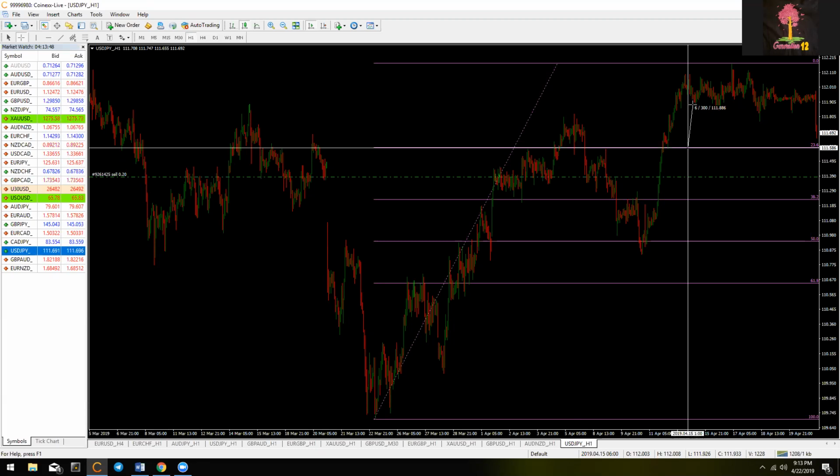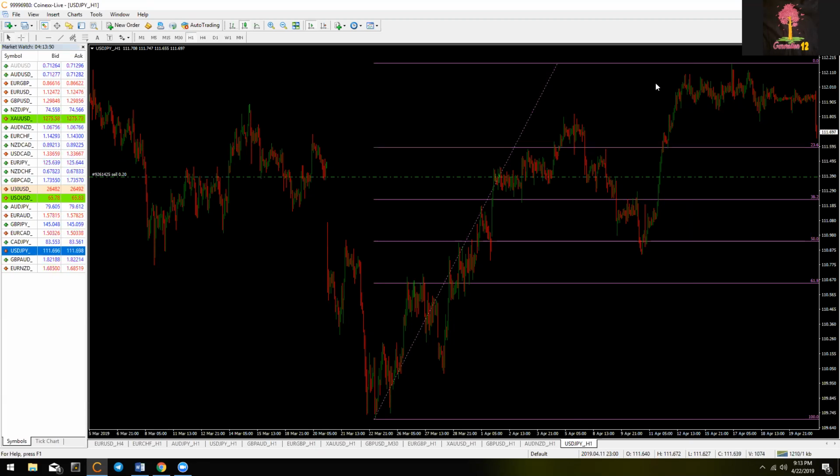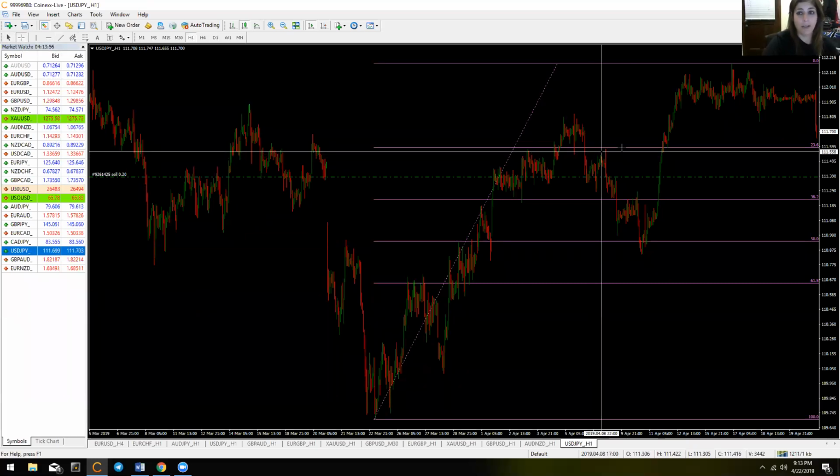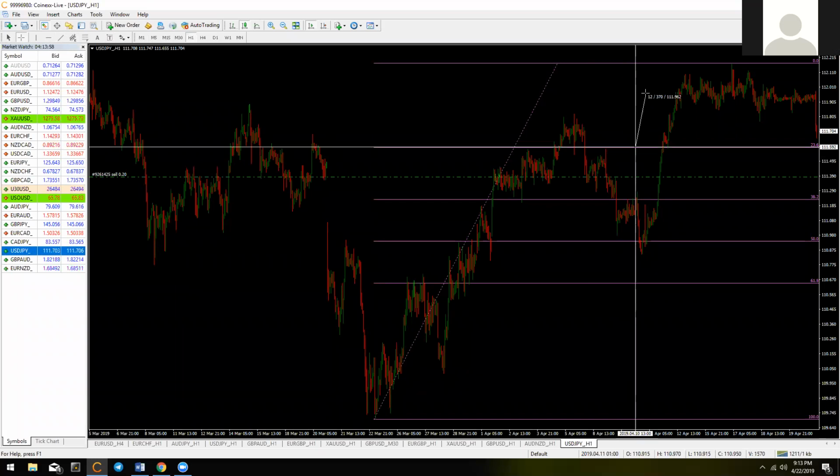I'm about to take a picture of this, y'all. And how did you get that? If you click on this little star thing and just drag it up. Those middle numbers, the 37, that's 37 pips. You just take off the end number, so it's the first two in the middle number.